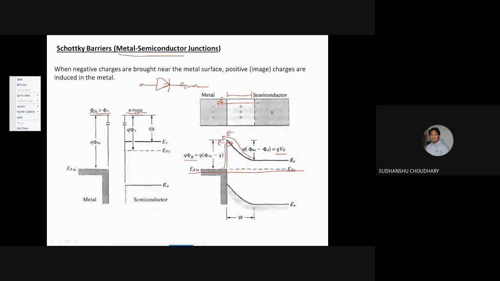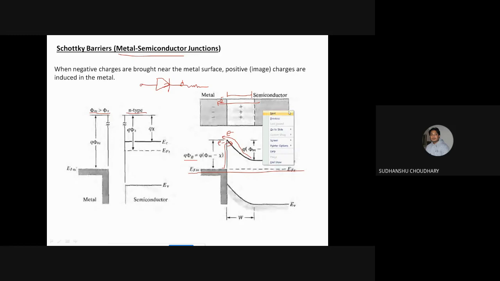Now this connection requires a metallic junction. Some metallic lead will be connected at this point to the N-type semiconductor, and via this metallic lead, other components will be connected to the diode.